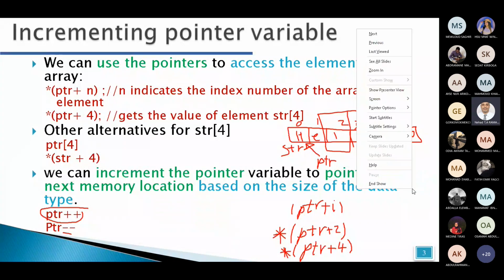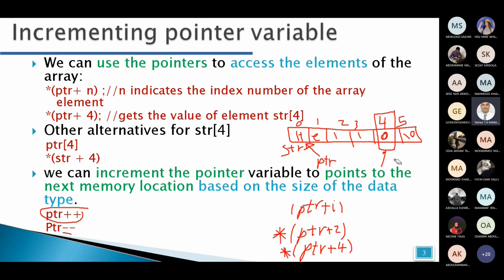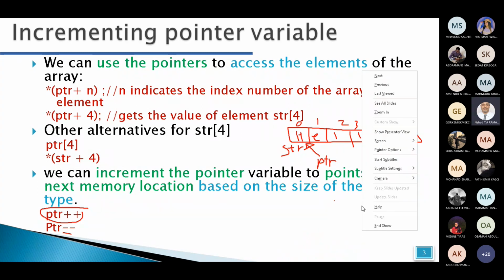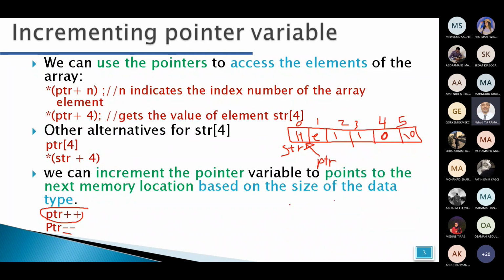We have how many ways? 4 ways to reach any element. So if we have this array, and the name of the array is str, and we have pointer ptr pointing to the first element, we have 4 ways to reach any element. First way, using the array name, the normal way: str and the index of the element.